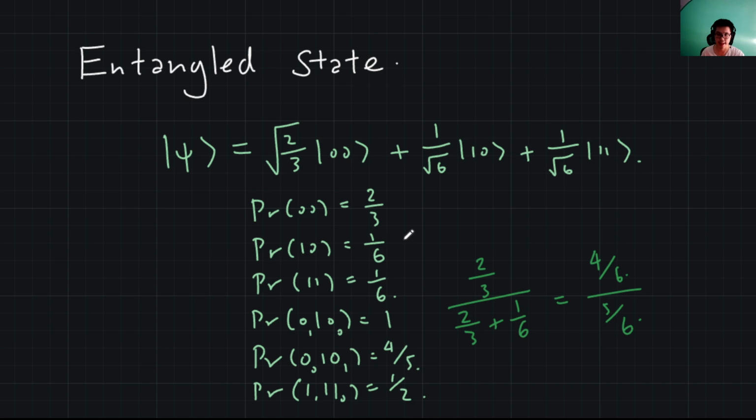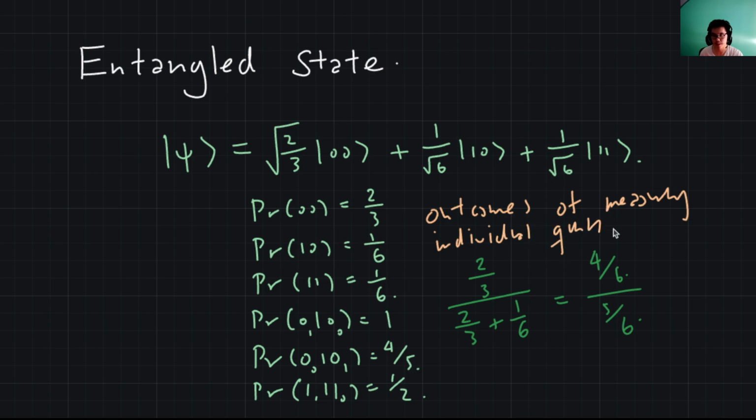So this is an entangled system because outcomes are dependent. Outcomes of measuring individual qubits are dependent.